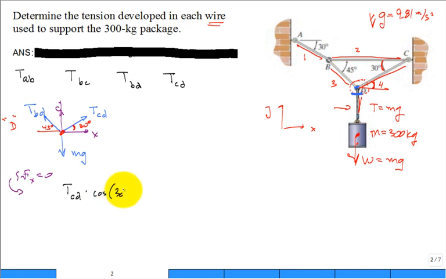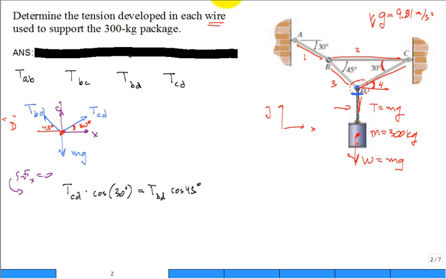Cosine of 30 degrees. That's pulling in the positive X. If you wanted, you could put a negative on it, and then it's in the negative X direction, or you could just put it on the other side and say, look, the tension B to D is in the negative X direction, that's why I put it on the other side of the equal sign, times the cosine of 45 degrees.